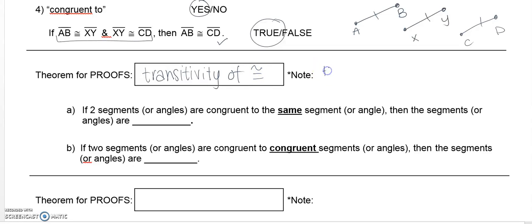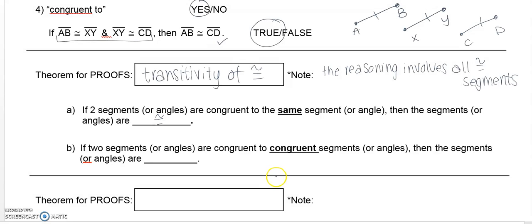The reasoning involves all congruent segments. And what I mean by this is if we're going to these if-then statements, so if two segments or angles are congruent to the same segment, then the segments or angles are congruent.